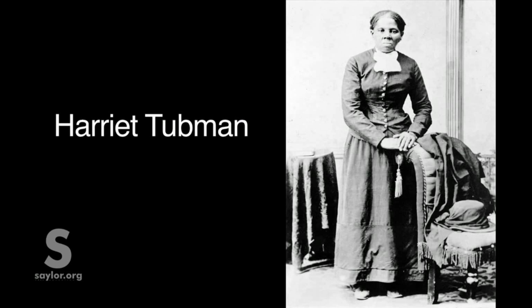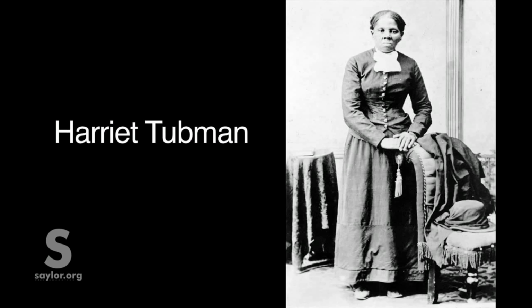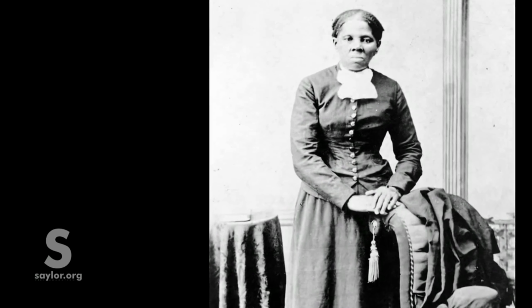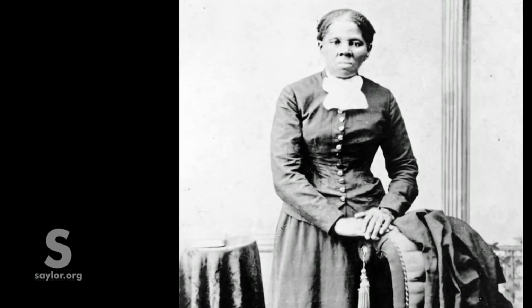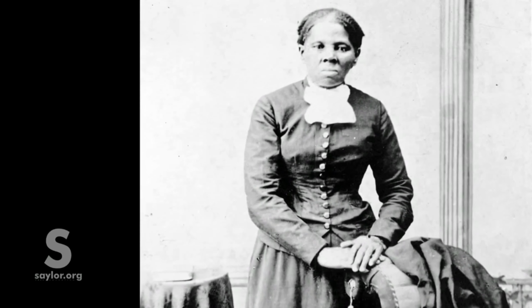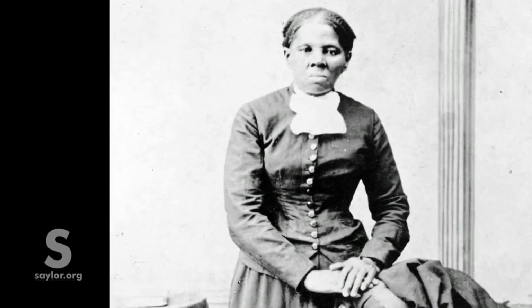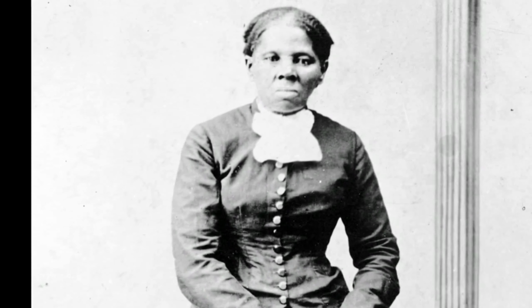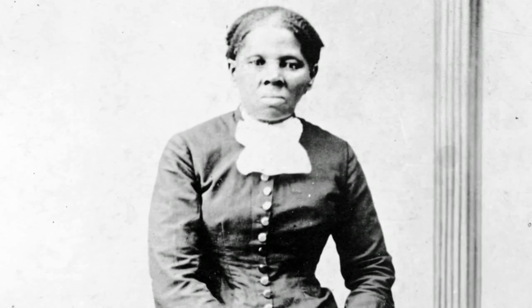So many African Americans, free African Americans and runaway slaves, were involved in the Underground Railroad. Many activists were as well. Harriet Beecher Stowe, who we'll talk about later, was involved. Her family was involved in the Underground Railroad. John Brown, the leader of Harper's Ferry, was involved in the Underground Railroad. Many leading abolitionists were involved in this activity.